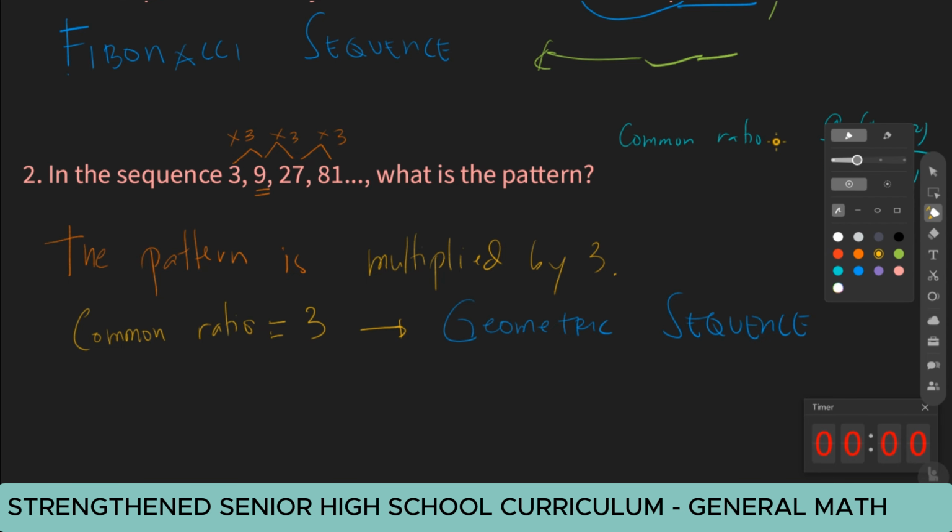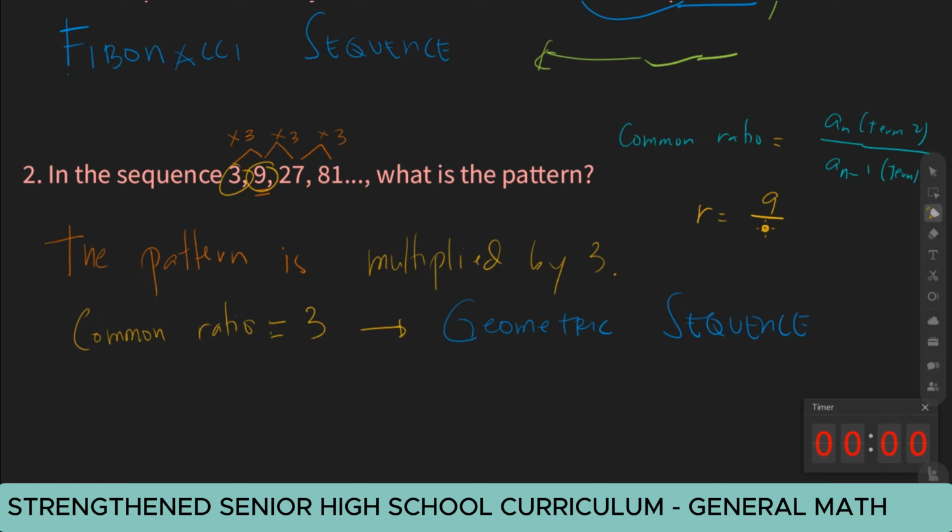Our term 2 is 9 and our term 1 is 3, as long as they are two preceding terms. So 9 over 3 is equal to 3. This is your common ratio. That's how to do it.